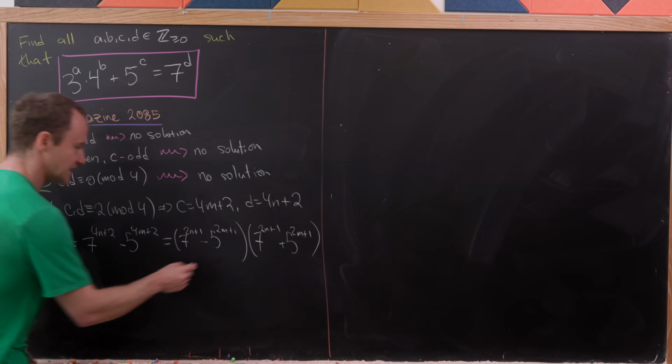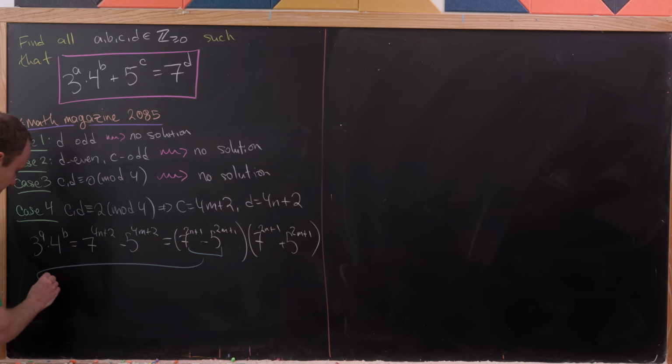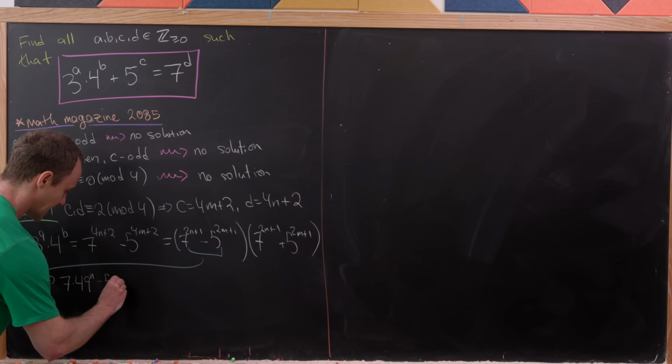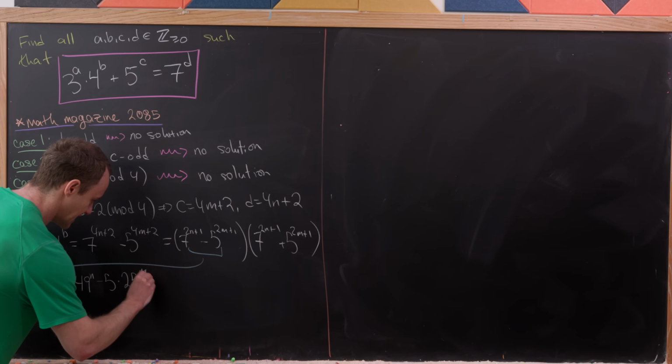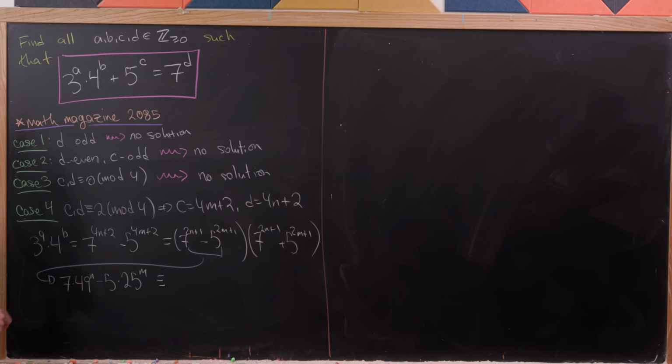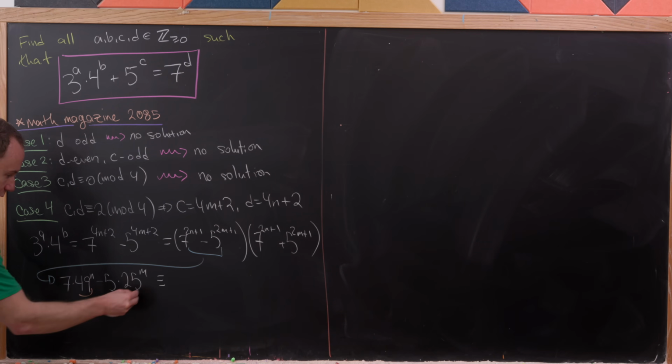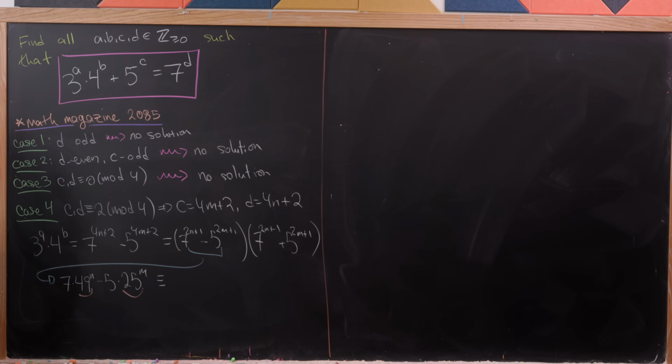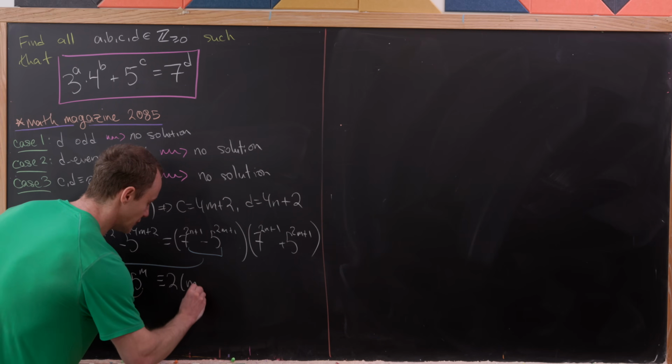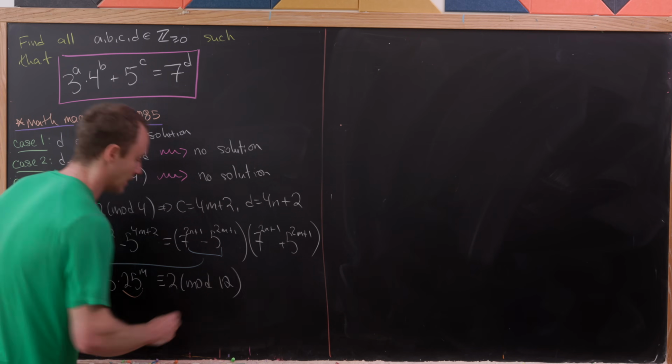Now let's look at this first term in this case. So let's bring this down and observe that we can write it as 7 times 49 to the n minus 5 times 25 to the m. And now if we reduce that thing mod 12 again, observe that the 49 is 1, the 25 is 1, and we're left with 7 minus 5. In other words, we're left with 2 modulo 12.